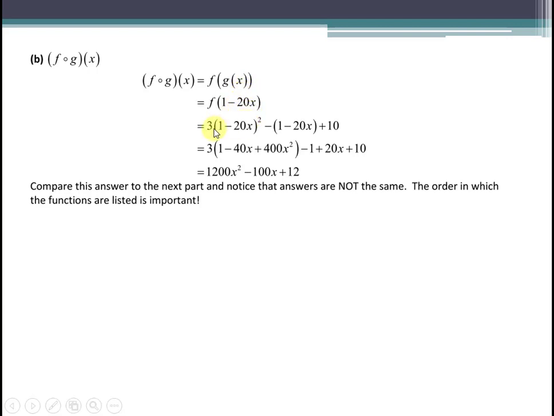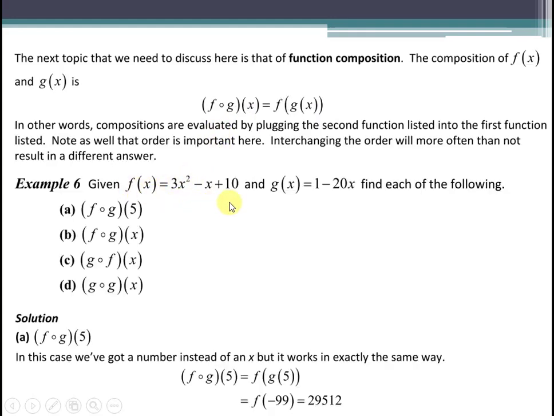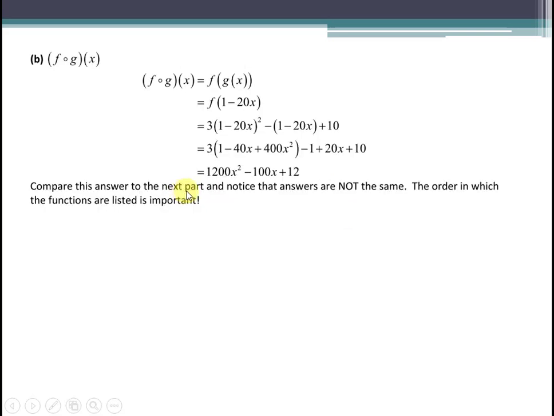So here in function f of x, we should put g of x instead of each x. And we have the answer 3 times (1 minus 20x) squared minus (1 minus 20x) plus 10. After simplifying, we have the following answer.